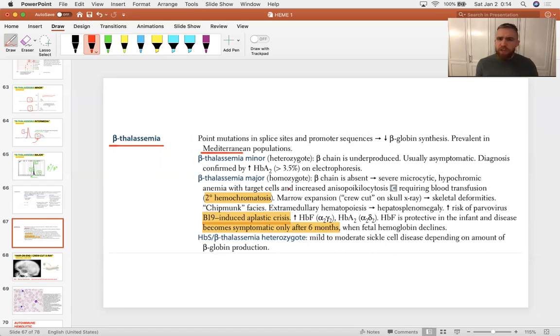Sickle cell, G6PD, blood problems are very prevalent in the African American population. And we believe that this is because many blood disorders protect against Plasmodium species, malaria. The reason anemias protect against malaria is that in an anemia, your red blood cells have a shorter lifespan.